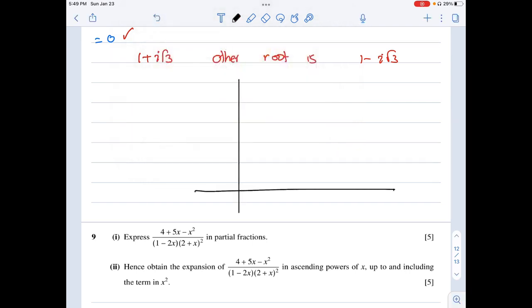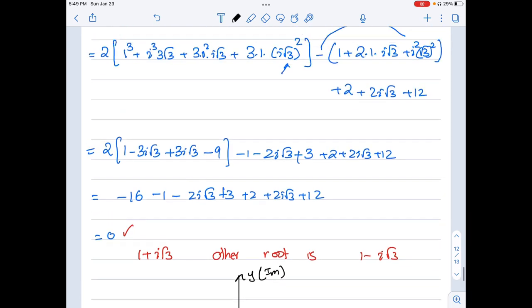The x-axis is going to be my real axis and the y-axis is going to be my imaginary axis. For 1 plus I root 3, the value of x is 1 and root 3 is about 1.732. This is a point and the origin is O.